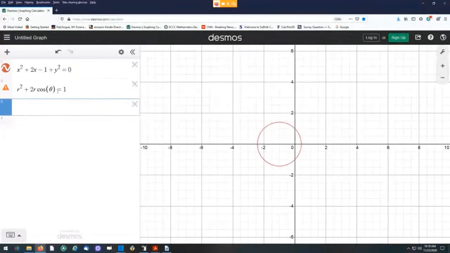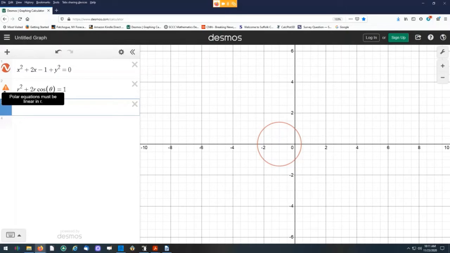I guess I have to shift over to polar coordinates over here. R squared plus 2r cosine theta is equal to 1. What's that? Oh, the polar equations must be linear in R, so they won't do it. I didn't know it had limitations. So it can only do the linear equations in R, not these ones that are not linear. So that's kind of a problem there.